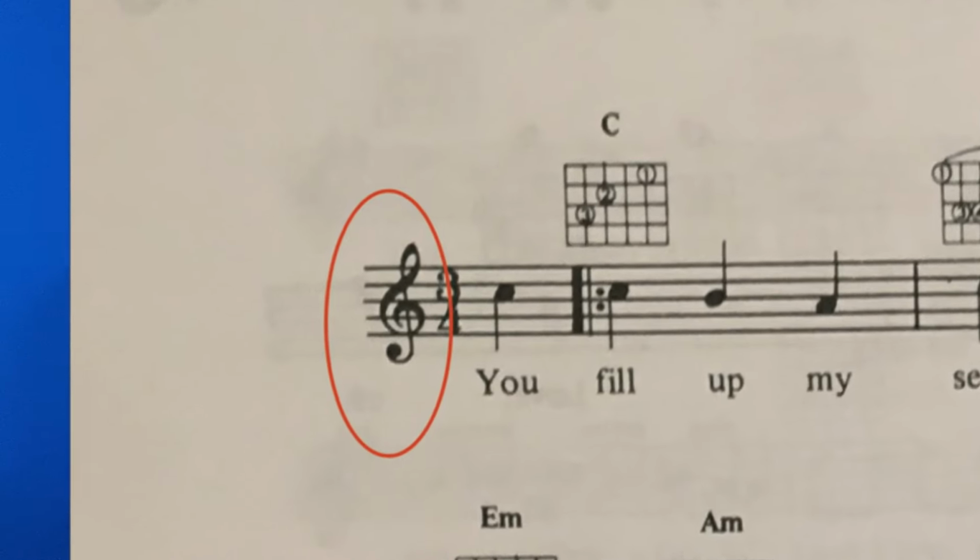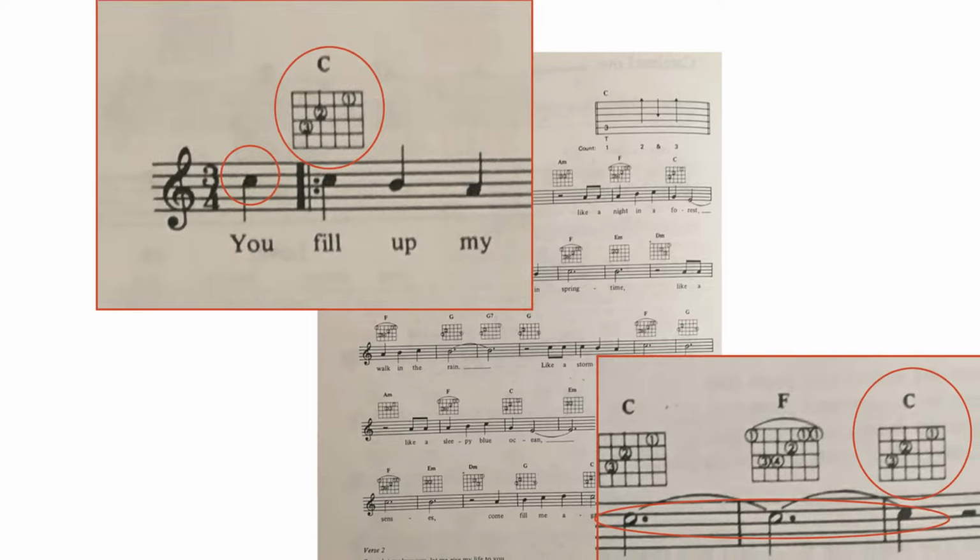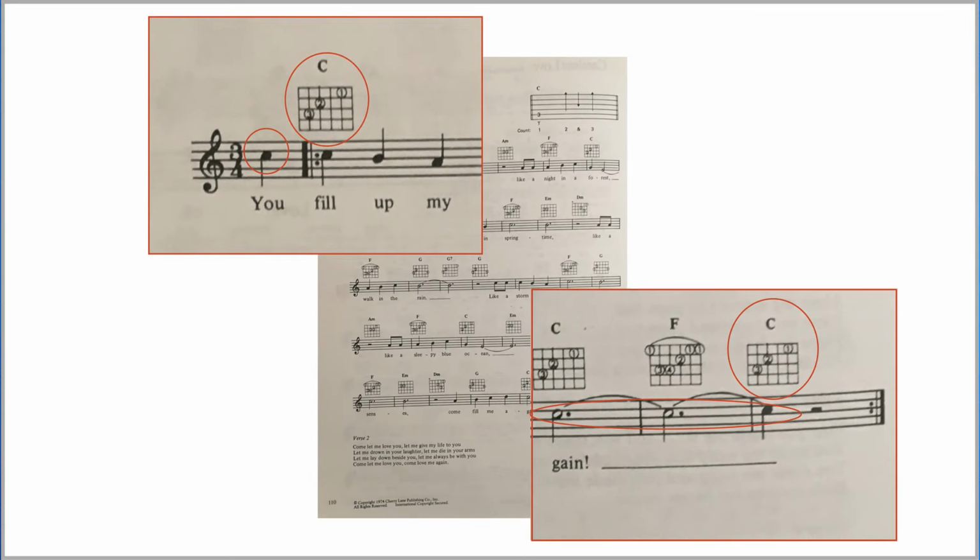A quick glance at the start, and more importantly at the end of the song, and we can see that the chord sequence starts and ends on a C major chord, and also that the melody starts and ends on a C note. This is enough evidence to show me that we're in the key of C major and not A minor.